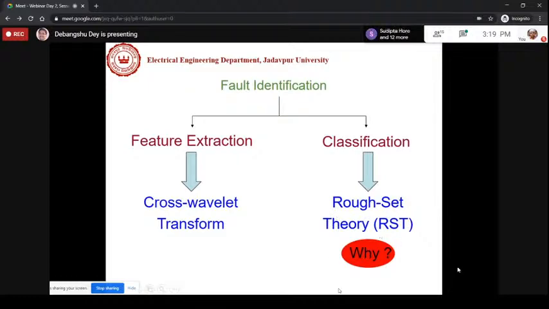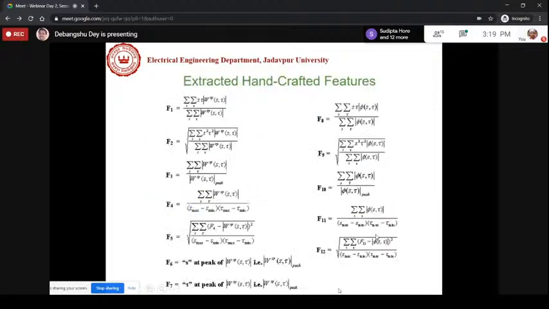Why rough set theory? Because I told you that with this kind of feature, you do not know whether all these features, say I have taken 12 features, how many features is sufficient? Or whether F1 and F2 and F3 are all the same, for the particular problem, giving more or less the same trend.